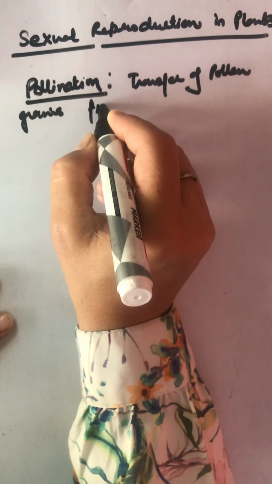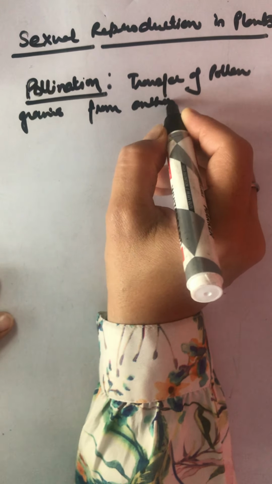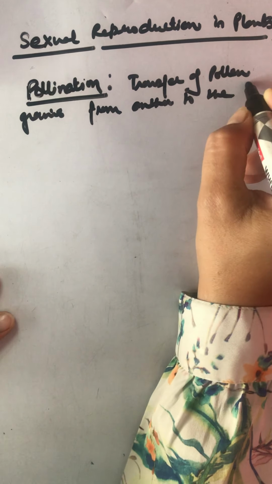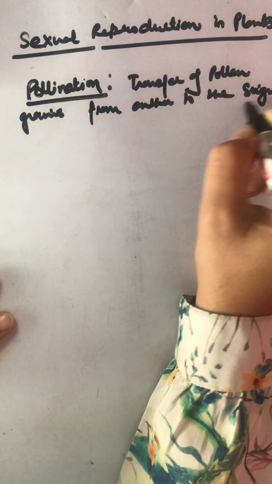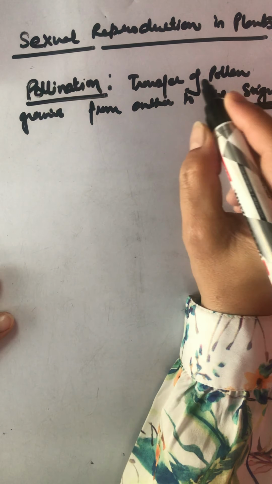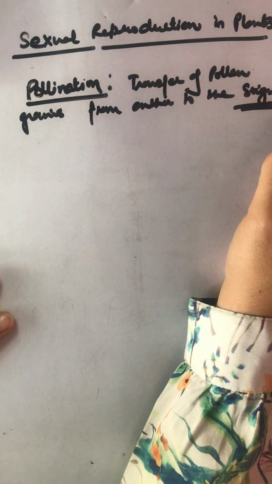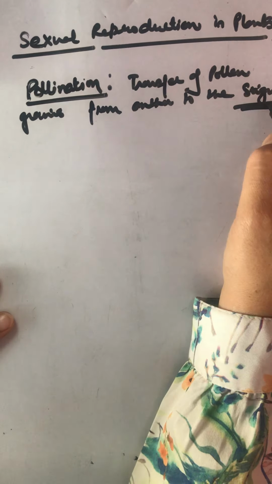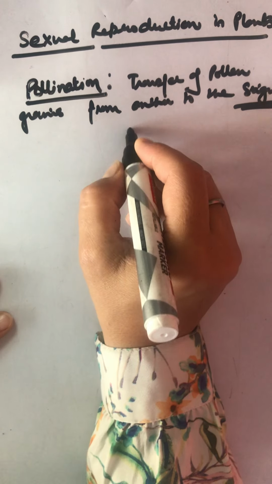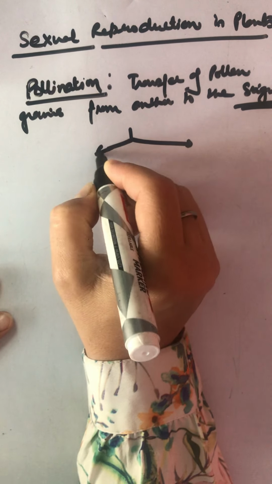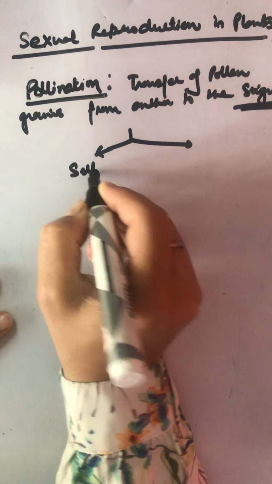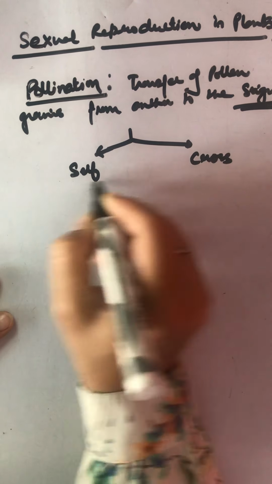From anther to the stigma. Here we are writing a general definition: from anther to the stigma of a carpel. When this pollination is to be achieved, it is of two types: self or cross pollination.